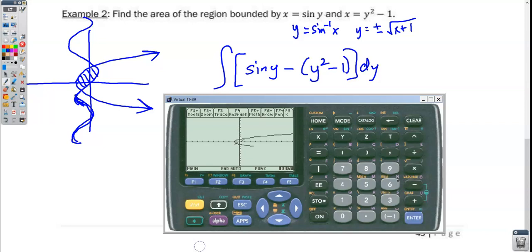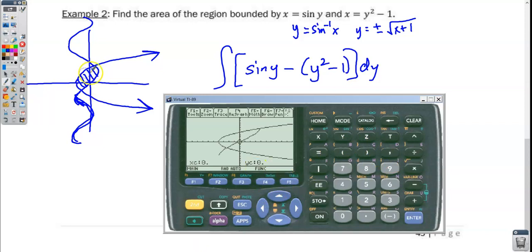Well, maybe it will give me just enough. Okay, let's zoom in on this. There's my arcsine function. It gives me a piece. Does it give me enough? Looks like it just might. Just barely.